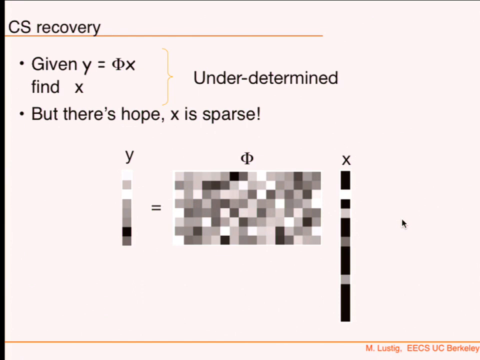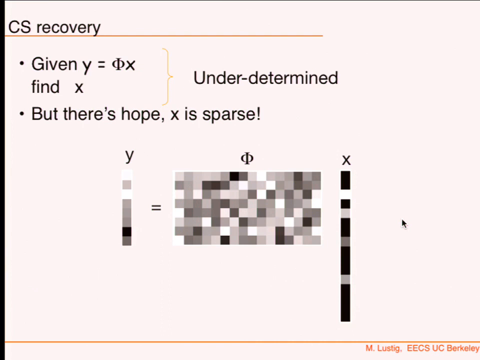Most likely. The reason is because I'm going to have now 1, 2, 3, 4, 5, 6, 7, 8 measurements, and I'm going to have 1, 2, 3, 4 unknowns. If I knew exactly where x is non-zero, I can remove the columns that are irrelevant, that basically multiply by 0.